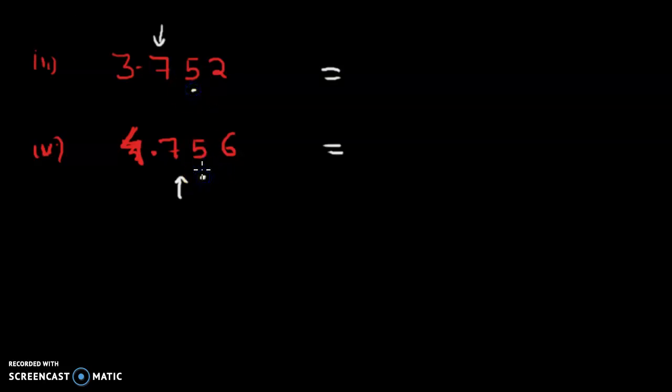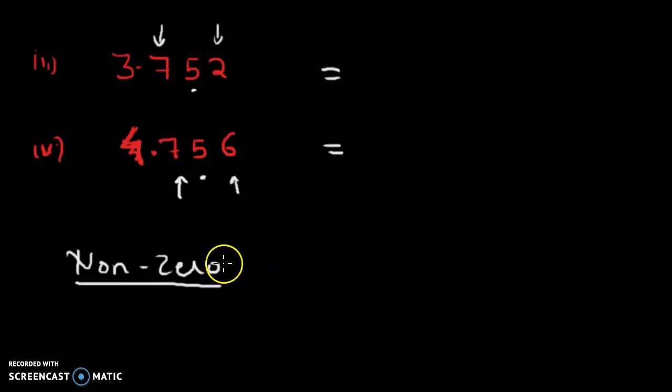less than 5, greater than 5, we know. For less than 5 it doesn't matter, for greater than 5 add 1, but here it is equal to 5. So when it is equal to 5, you have to check the succeeding digit, the digit after it. If it is non-zero, like 2 and 6 here, they both are non-zero, so you just need to do one thing.